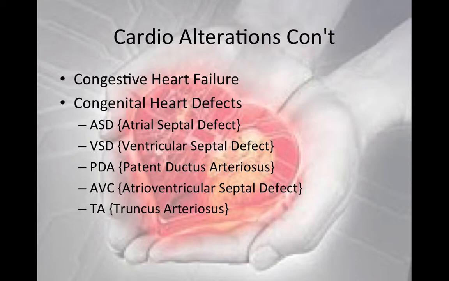You have to know the differences between your congenital heart defects before we go into the deeper ones, which are your pulmonary blood flow, your arterial blood flow, and things of that nature.